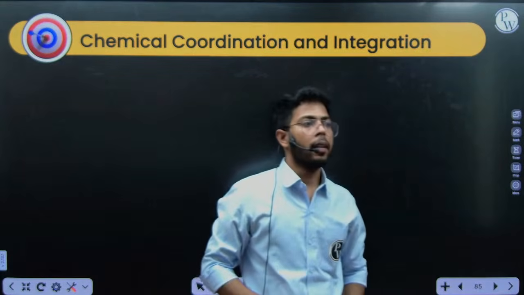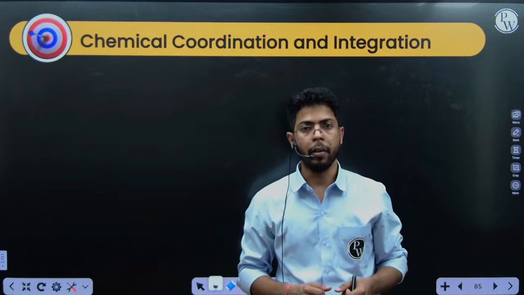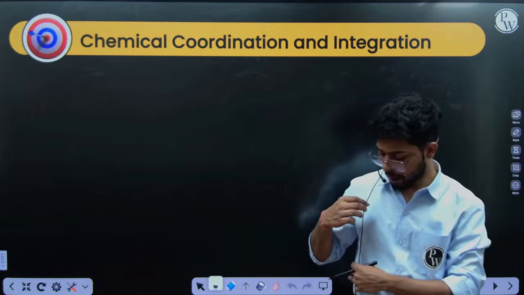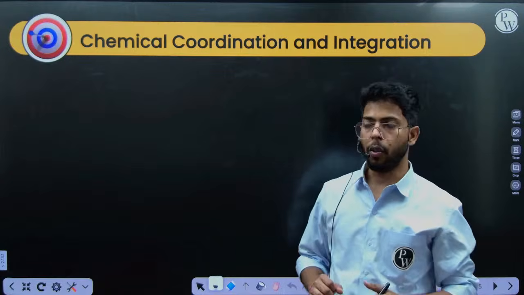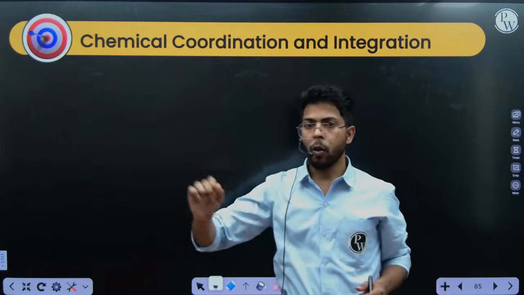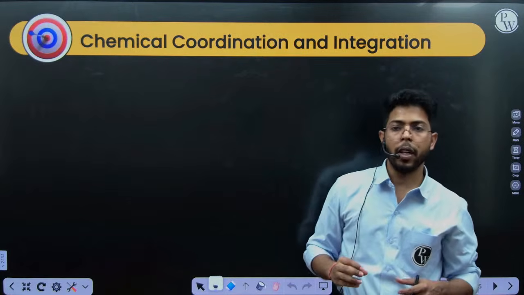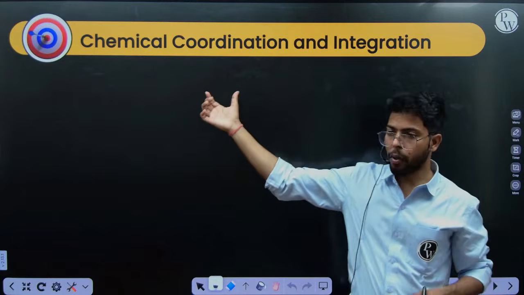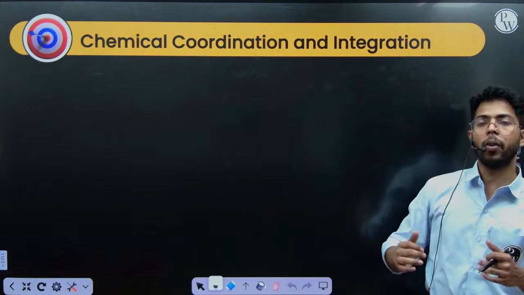In the neural chapter we have studied that there is point to point connection between the organs. That means nerve fibers, or neurons, are the way through which they can communicate. But there is no innervation of nerve fiber to each and every cell. That's why we require this chemical coordination and integration system, that means the endocrine system.